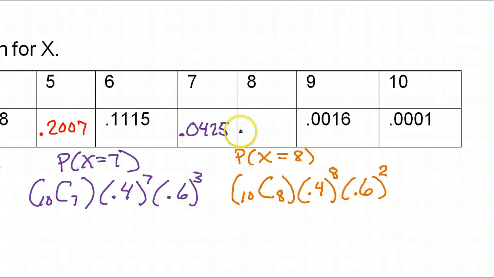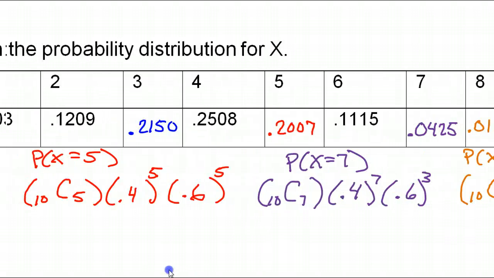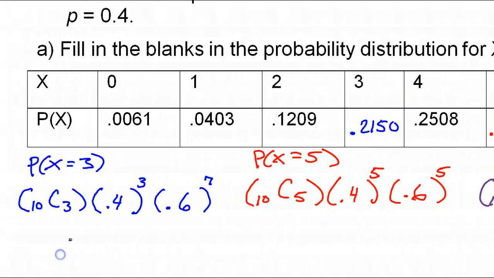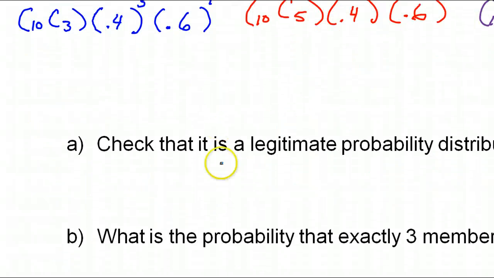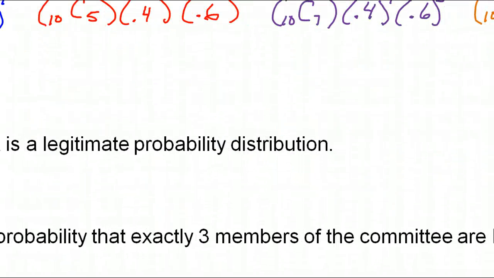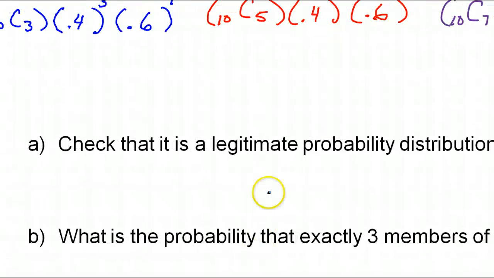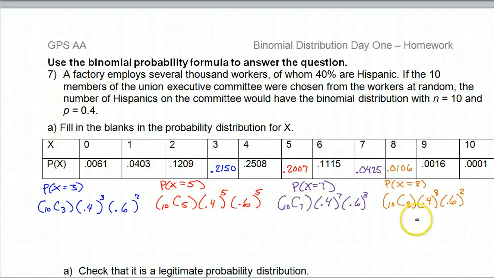And that is 0.0106. Okay, and that's it. We've completed the table. Alright, now when they say check that it is a legitimate probability distribution, that means add up all these numbers, all of the numbers, and make sure that it's a total of 1.